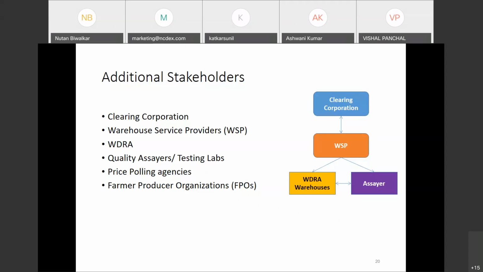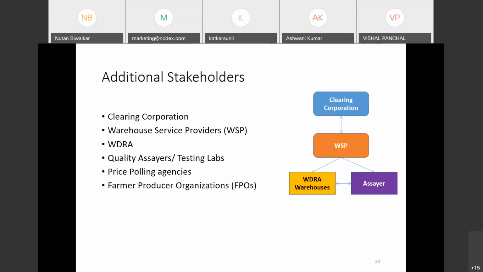Now we come to the quality assessor testing lab. WSP has to tie up with some national or international testing lab, like NABL, the National Accreditation Board for Testing and Calibration Laboratories.